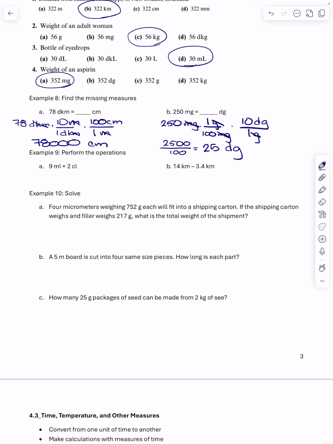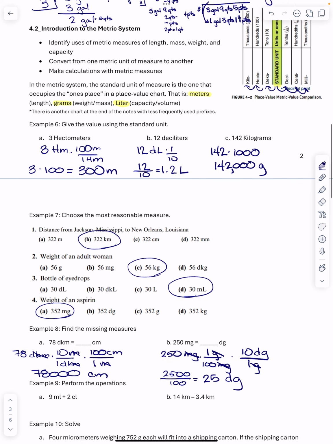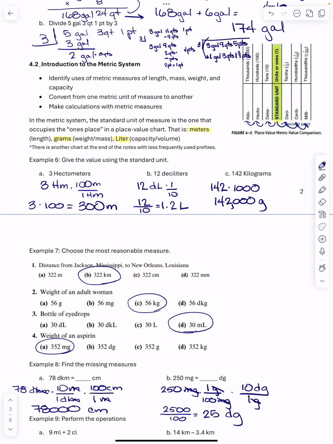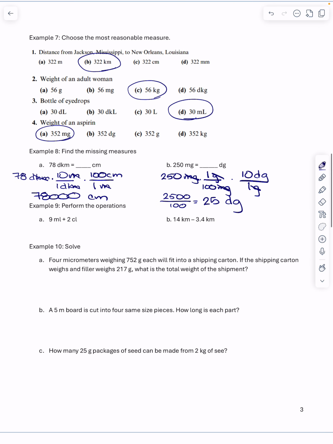For 9, if we want to add, we have to make sure that we have a consistent measure. So if I take a look, milliliters are smaller than centiliters. So I've got 9 milliliters.